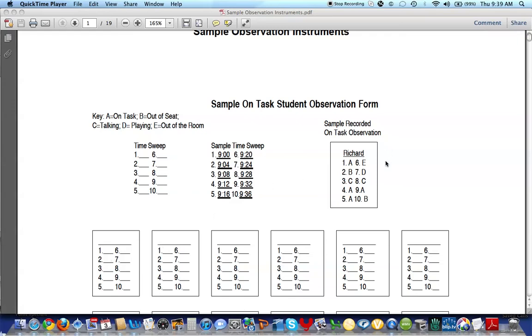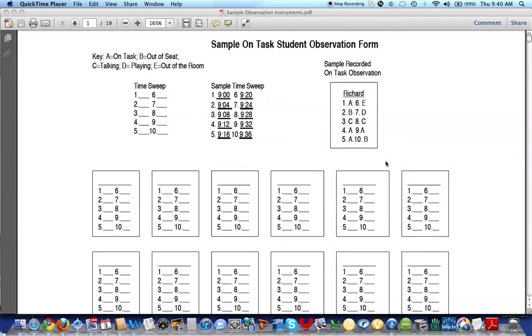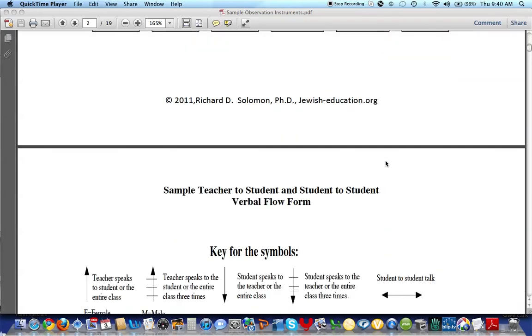And this is how you use this sample on task student observation form. Again, you can modify this in any way you like. Let's go to the next form.